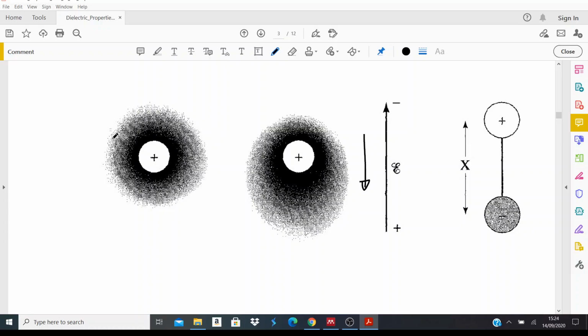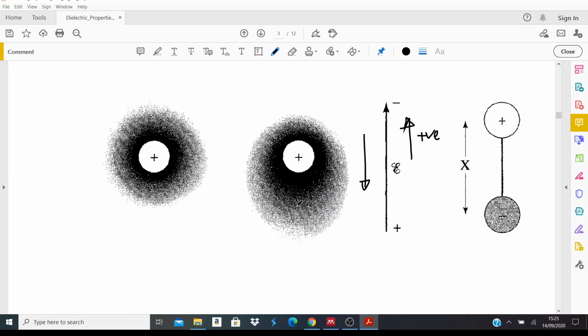That's why this spherical charge is kind of distorted, and you will see an elliptical shape. And the positive charge will feel force in the direction of the electric field. That's the direction of the force for the positive nucleus, and this is the force for the negative electrons, and they're opposite in direction.